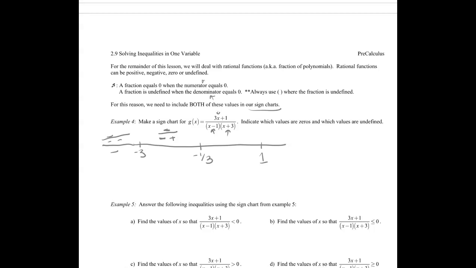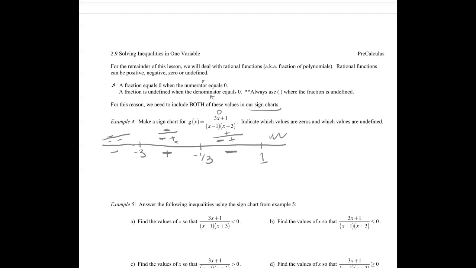So then I've got a negative divided by a negative, which gives me a positive, times a positive, which will overall give me a positive number. Okay, plugging in something in between negative 1/3 and 1, plugging in 0 is probably the easiest, so that'll give me a positive up top over a negative and a positive. So overall, this whole piece is going to be negative.